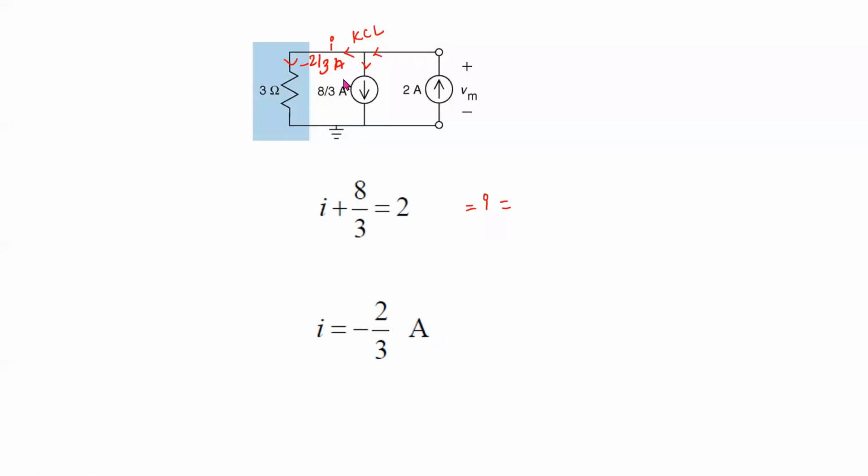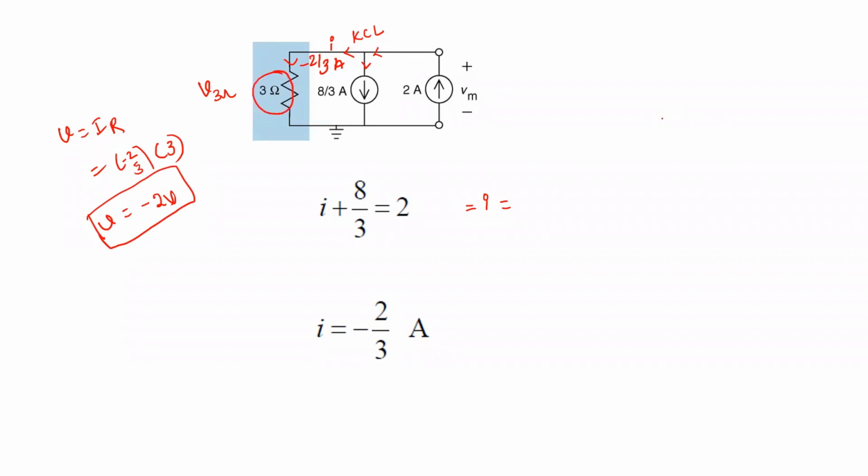Now, can we calculate the voltage drop across the 3 ohm resistance? What is Ohm's law? V equals I into R. Through this branch, the current is known, that is minus 2 by 3. R is 3. That equals minus 2 volt, the voltage drop across this 3 ohm resistance. And we know that in parallel circuits, voltage is the same.